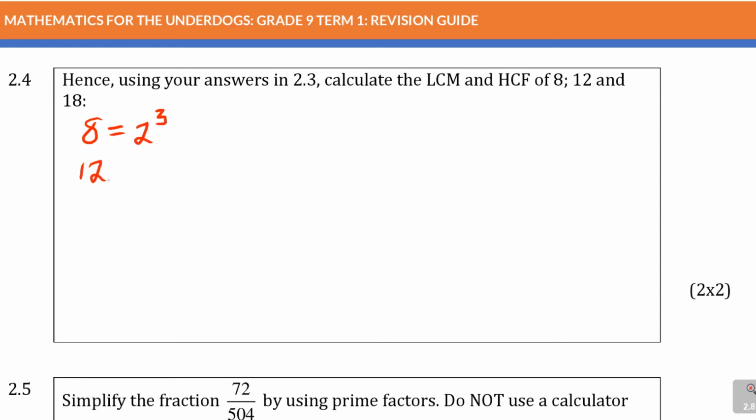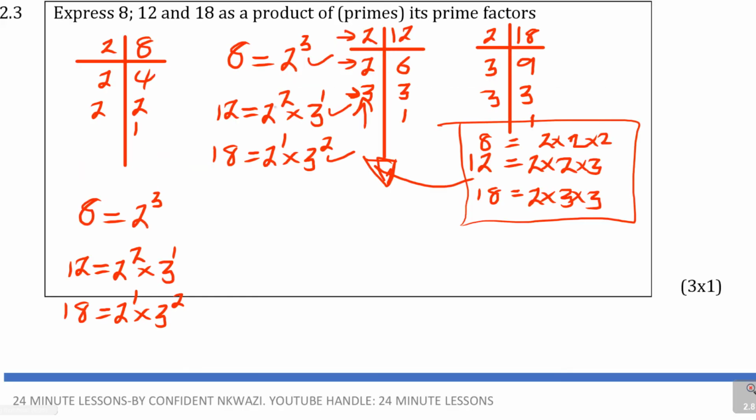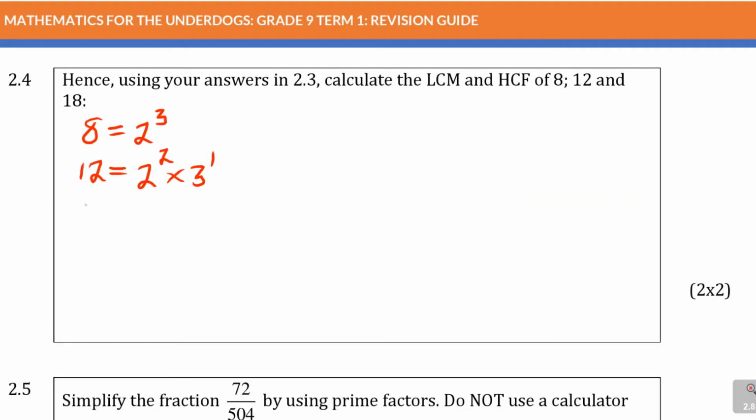And then what was our 12? It was equal to 2 to the power of 2 times 3 to the power of 1. You can verify that, which is correct. And then our 18 is equal to 2 to the power of 1 times 3 to the power of 2.